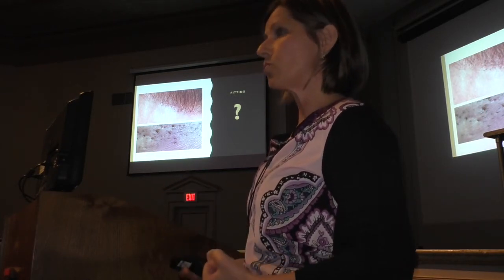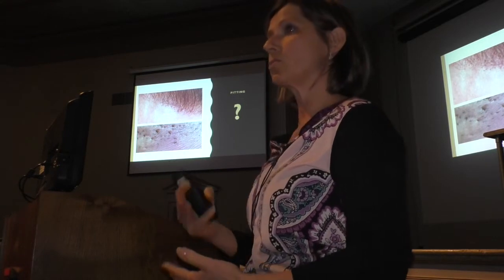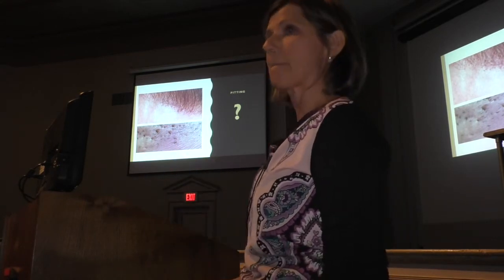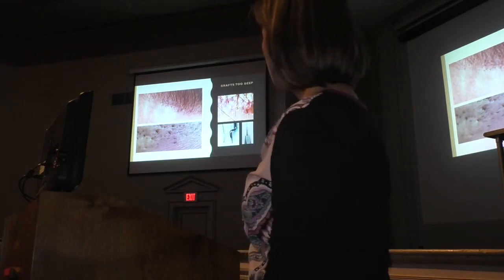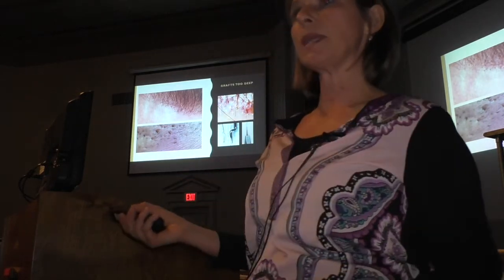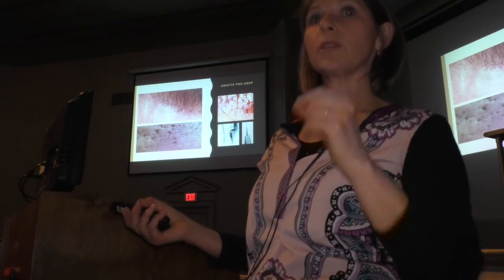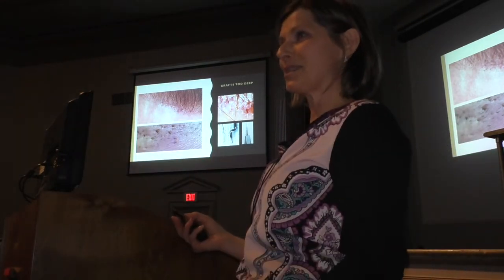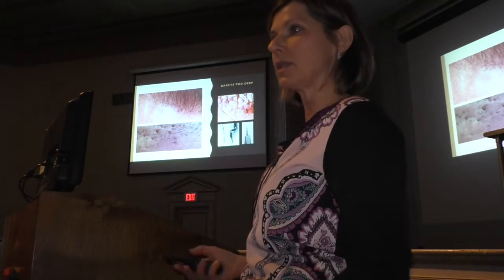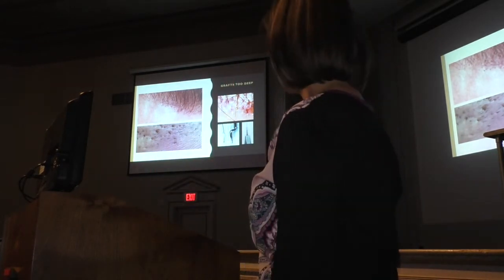Was it too dry? Was it too high, too low? Anyone want to guess? Too low, yes, it was placed too deep, or the site was made too long for the depth of the graft. So it's not always the assistant's fault, so you have to kind of reevaluate. It is a team effort.